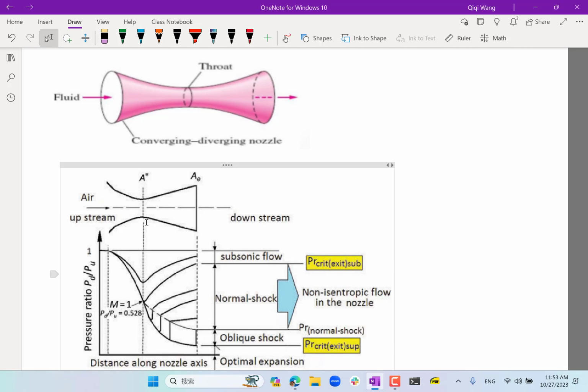This starts to break down over here when the Mach number reaches 1. Do you remember our analysis that for infinitesimal contraction, the change of the pressure is no longer infinitesimal?